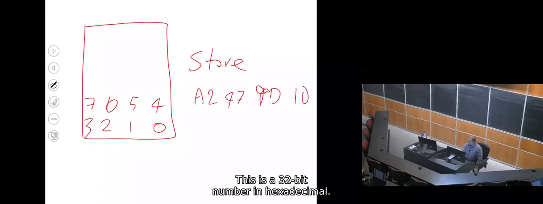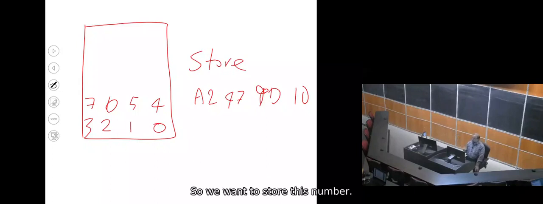Let's say that we want to store a value of 32 bits. Do you know hexadecimal? I guess in ITI you had. So a 32-bit hexadecimal looks something like this, for example 82479D10. This is a 32-bit number in hexadecimal. Everybody okay with that?